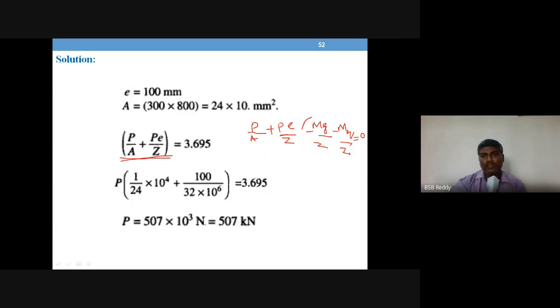When you bring this to the right hand side, it becomes plus, and the left hand side will have the unknown value of P, and E is given 100, cross sectional area you have from the cross section given, and Z is calculated. So already these stresses have been calculated. So the total value is 3.695.